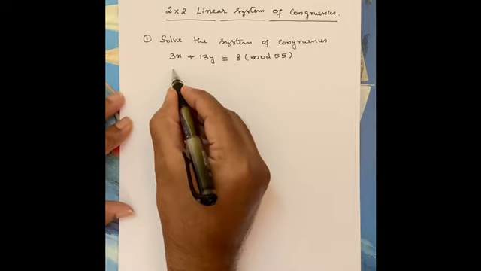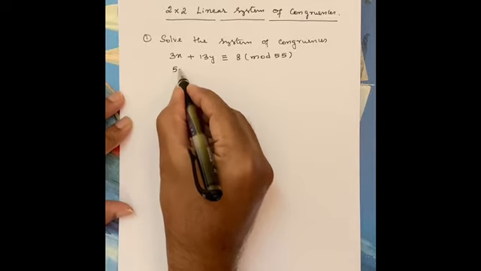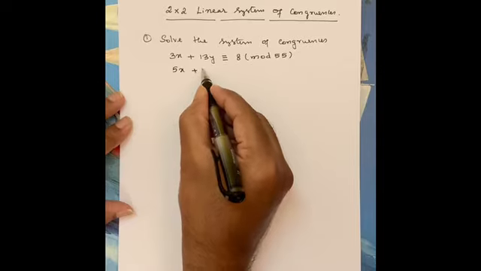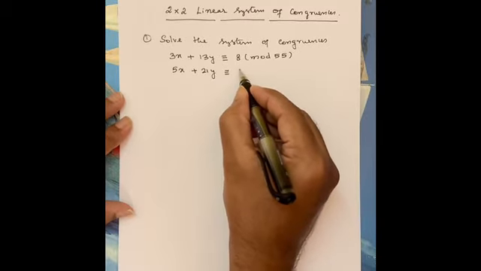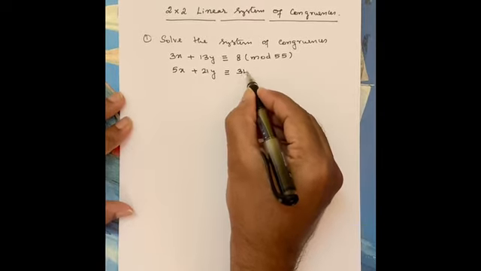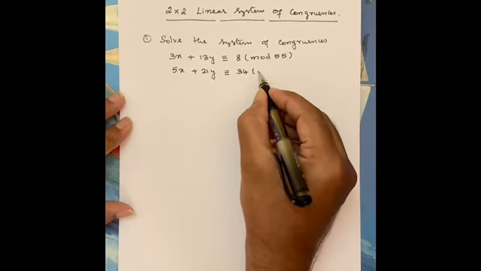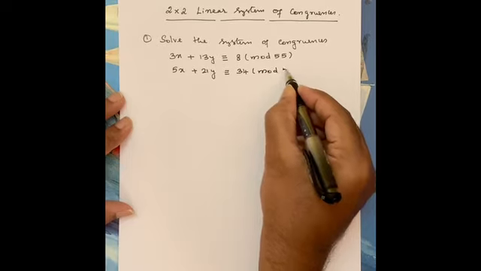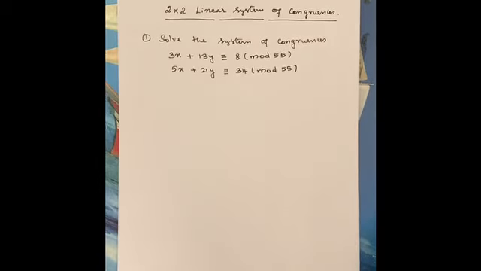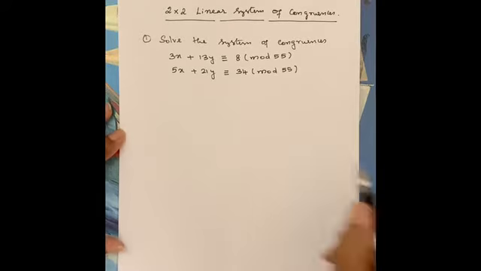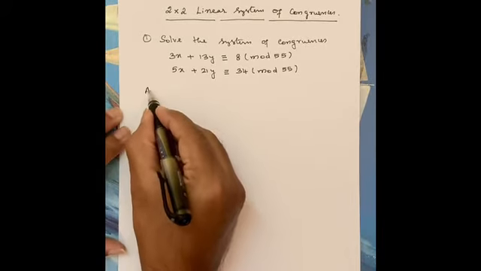And the second one is 5x plus 21y congruent to 34 modulo 55. So you have to solve this system. We are finding the value of x and the value of y modulo 55.